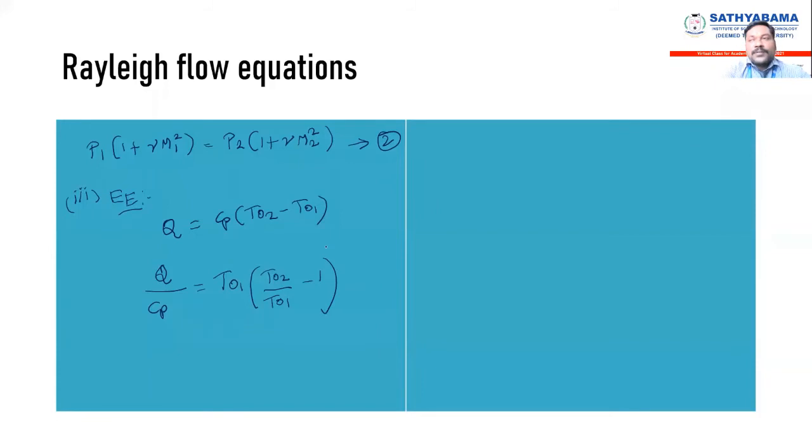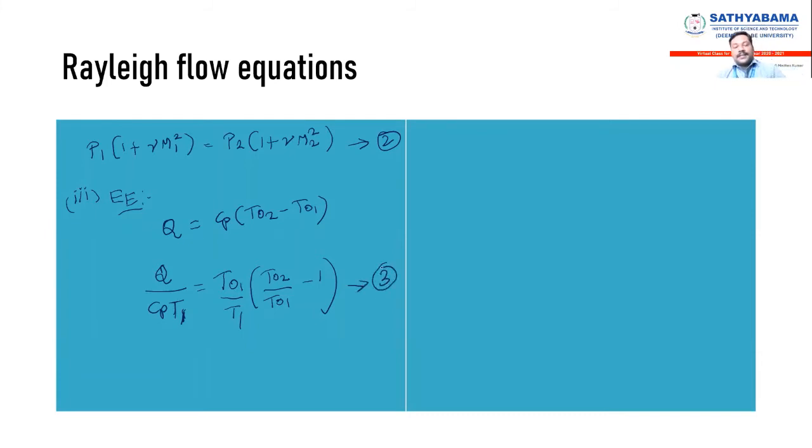Because we are going to relate everything to the Mach number of the flow, we make this relation in simplified form by turning all the temperatures into temperature ratios. Then we divide this term by T1, the initial temperature of the flow, and finally we get this expression, which is your heat transfer equation.